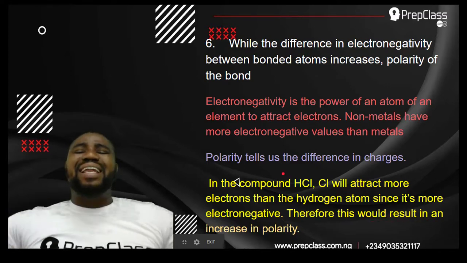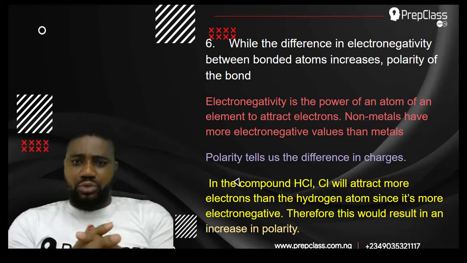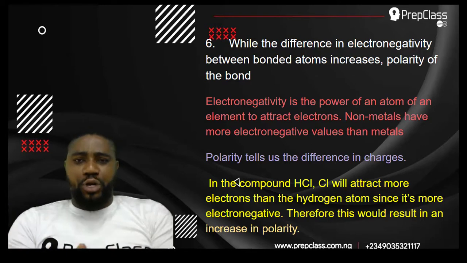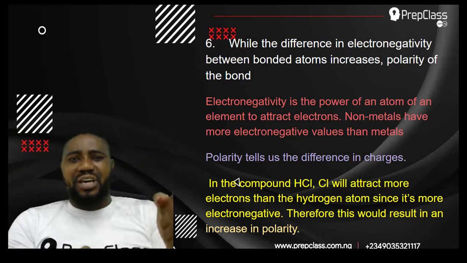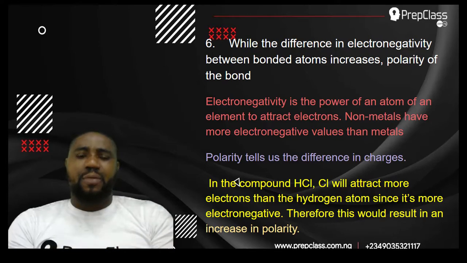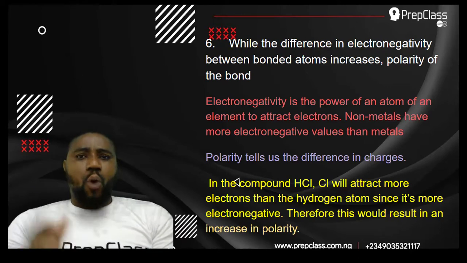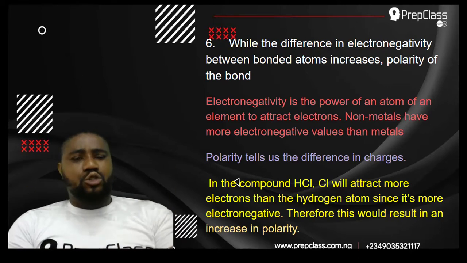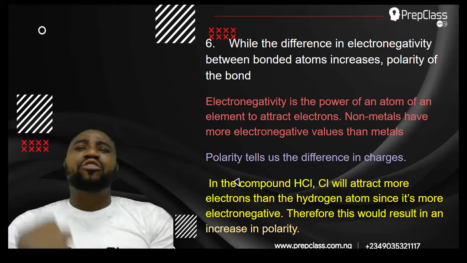So when there is a large difference in electronegativity between the two bonded atoms, for instance hydrogen and chlorine, whereby hydrogen is electropositive and chlorine is highly electronegative, there will be an increase in polarity. When we also have sodium and oxygen, sodium is highly electropositive, oxygen is highly electronegative.